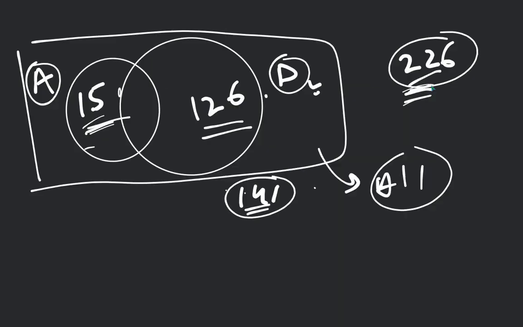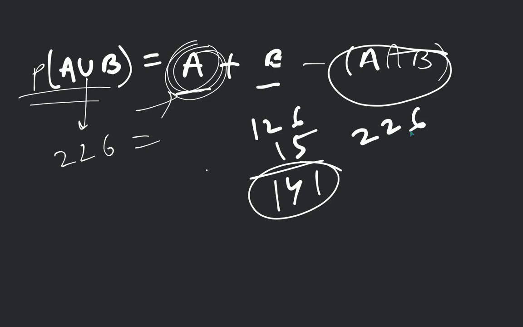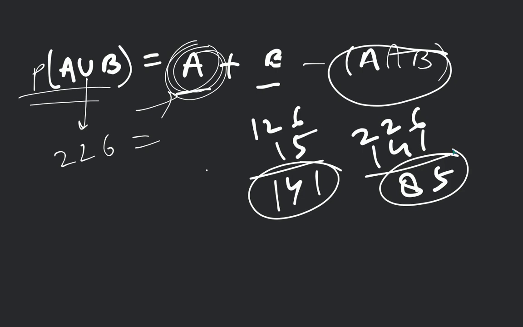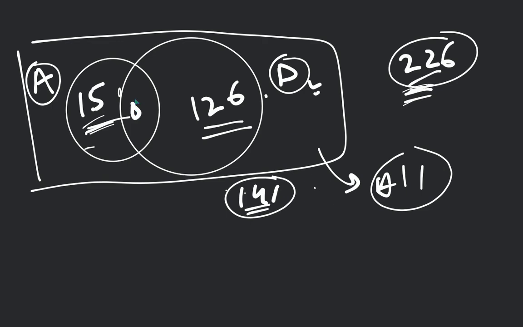How many are remaining out of 226? Out of 226, 141 are done. So let's see how many are remaining. It will be 85. Means a total of 85 are remaining. Where will the 85 fit? 85 will be over here, right? 85 will be coming over here.